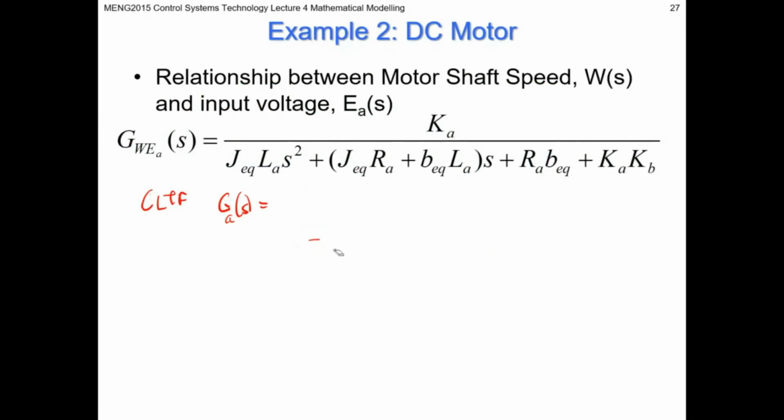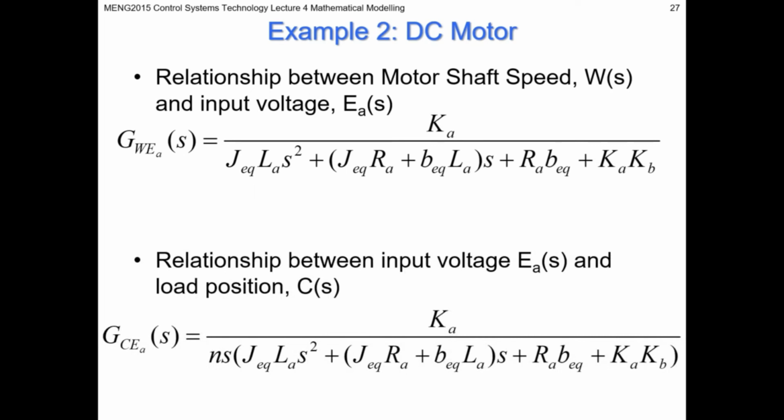So we're going to reduce that down to a single block. And this is the transfer function for a single block between our input EMF and our motor speed, and the relationship between our input voltage and our load position, well, we just extend this a little bit to include N and S. Right, so we just multiplied this block which we've created, which says EA.